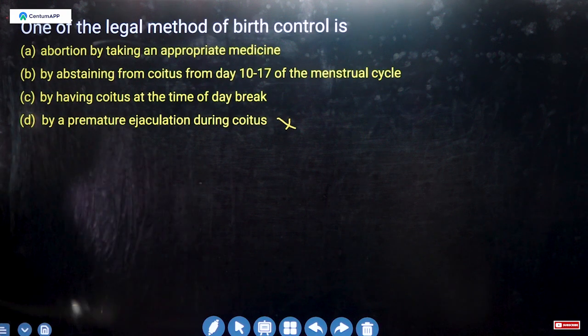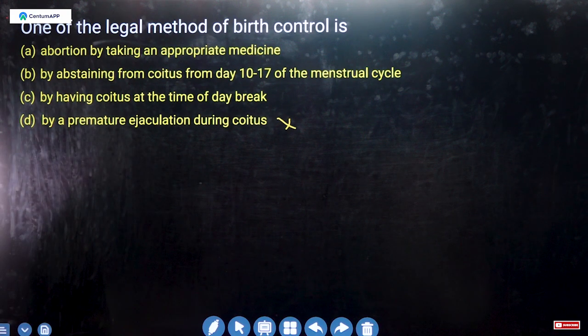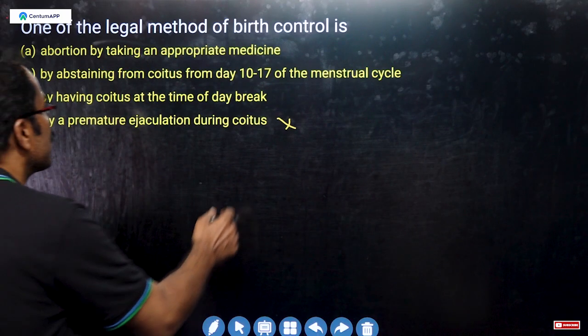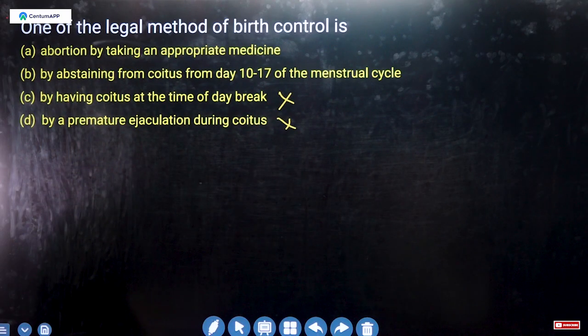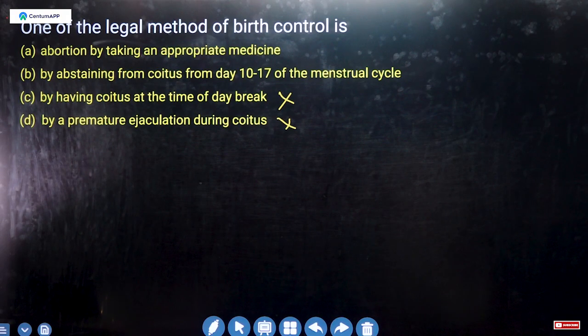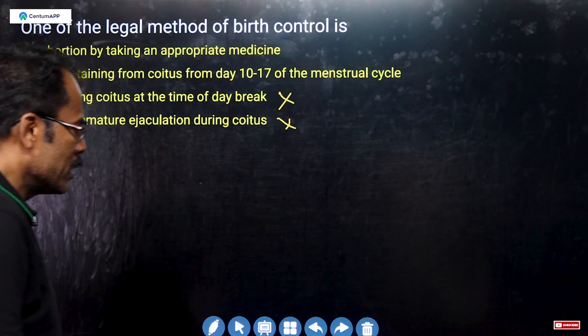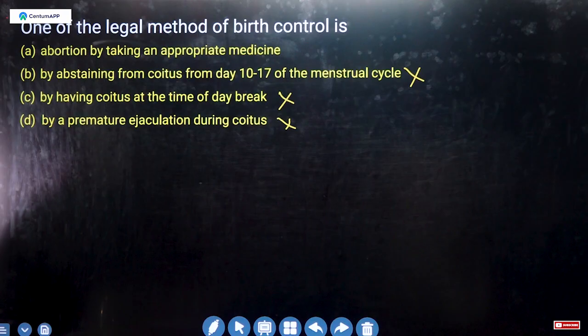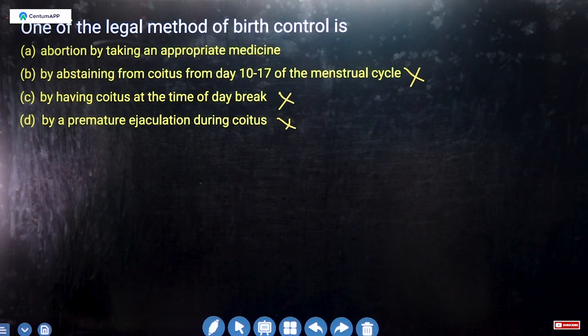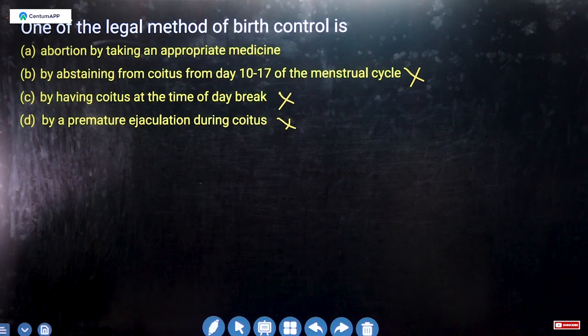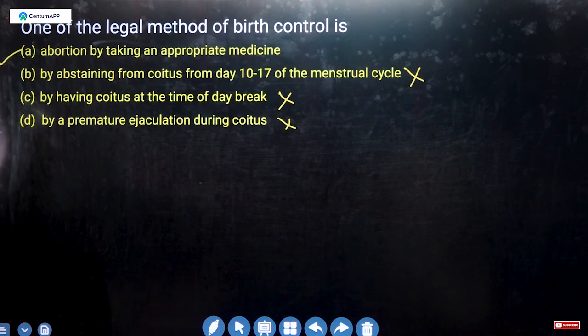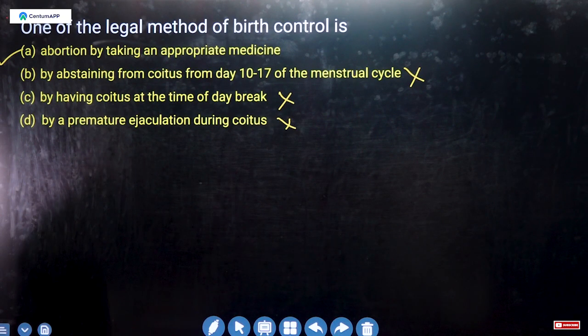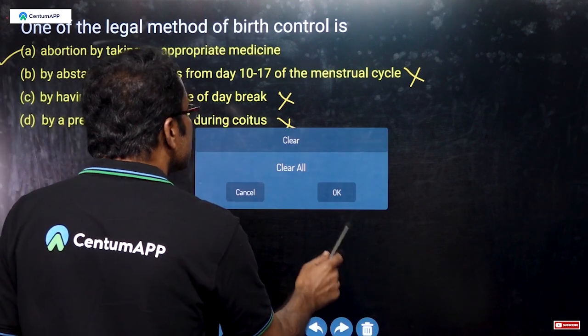Having coitus at the time of daybreak is not at all a birth control. Then B, abstaining from coitus from day 10 to 17 of the menstrual cycle, is not a legal method. A is the legal method, that is abortion, which can be done after the Act was formed by the Indian government, that is abortion by taking an appropriate medicine. So, option A is the correct answer.